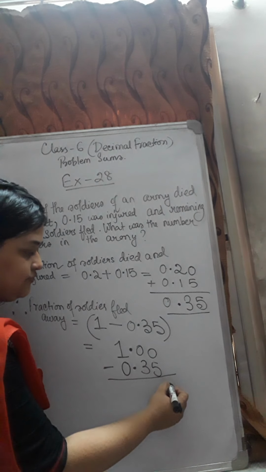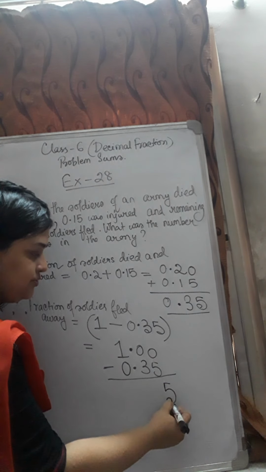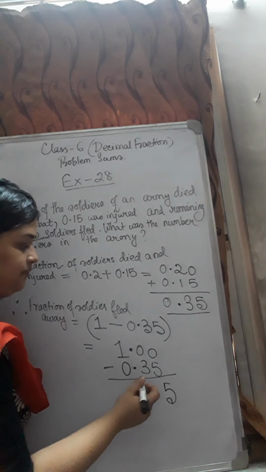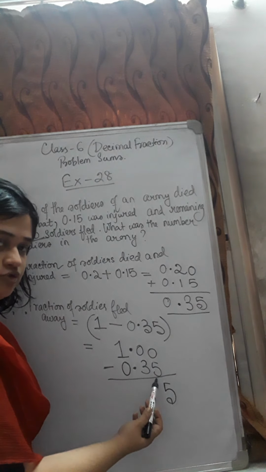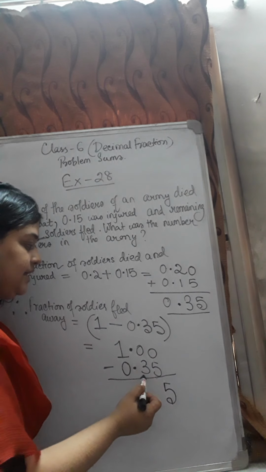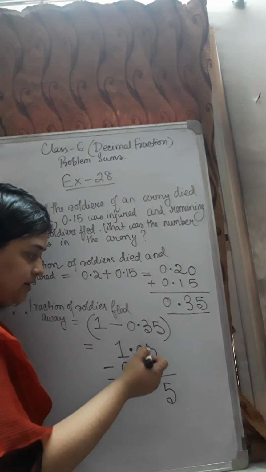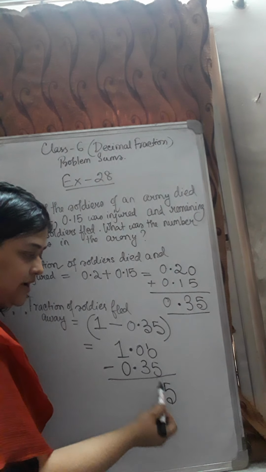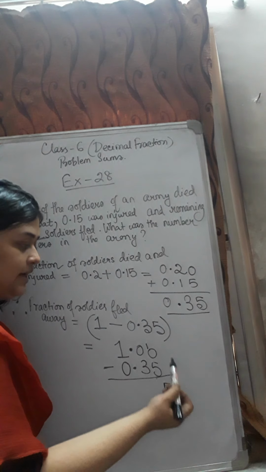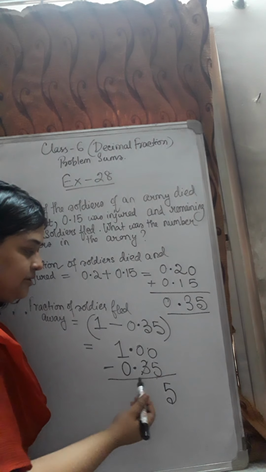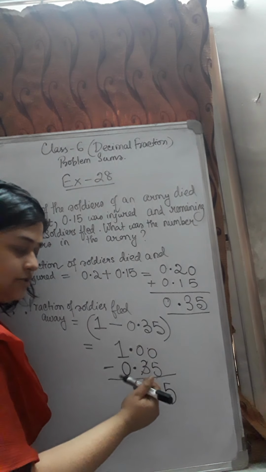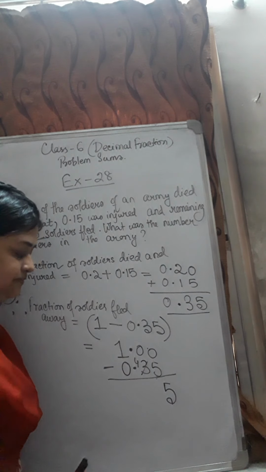So 10 minus 5, you can do the subtraction on your own, is 5. The way I do it is 0 cannot subtract 5, so we take 1 from here. So 10 minus 5 gives me 5. Now return this 1. You have borrowed, now you are returning this 1. So 3 plus 1 becomes 4.